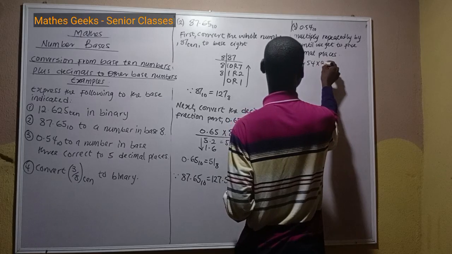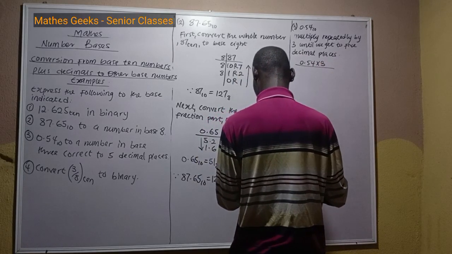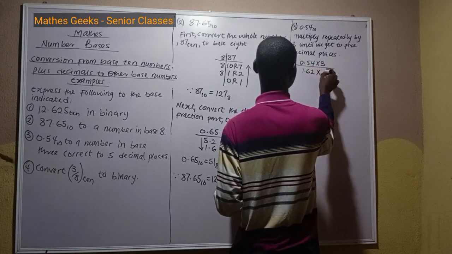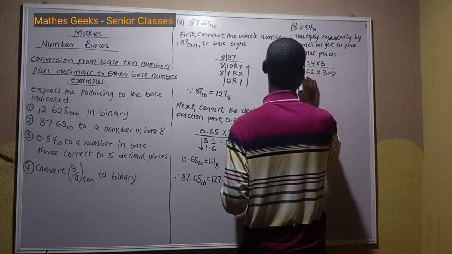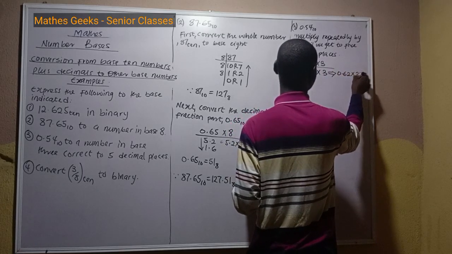0.54 times 3 is 1.62. When we split this, we have 0.62 times 3.